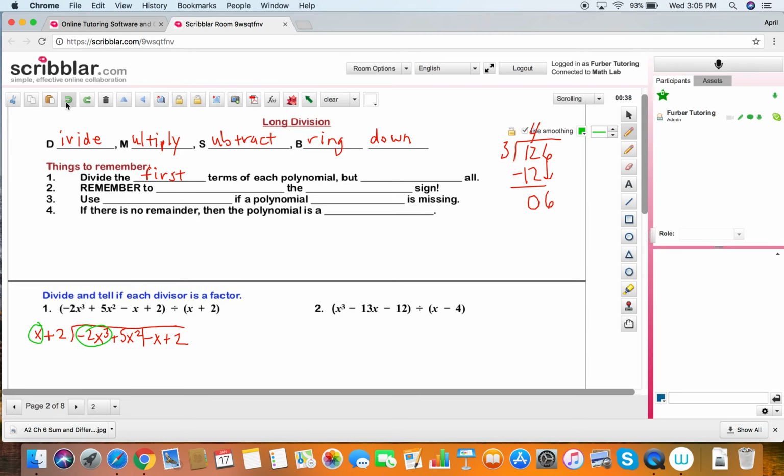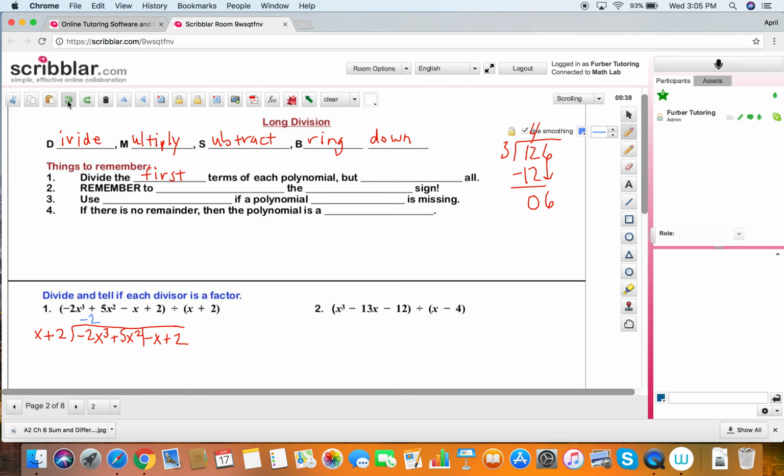I'll just go ahead and put a negative 2 up there. And if I have an x and I need to get to x cubed, I'm also going to need x squared, because x times x squared is x cubed. So that's what I need.